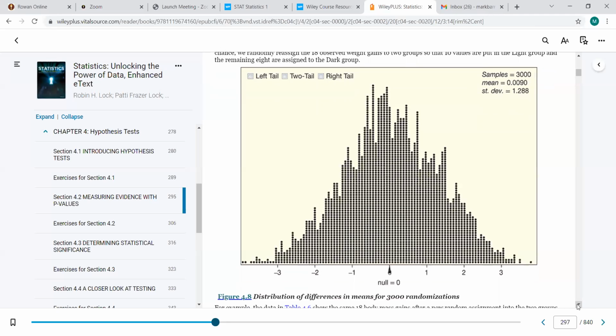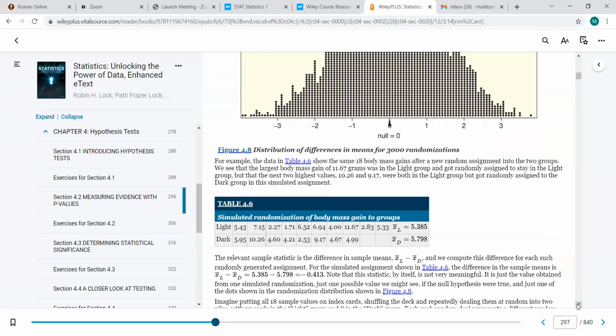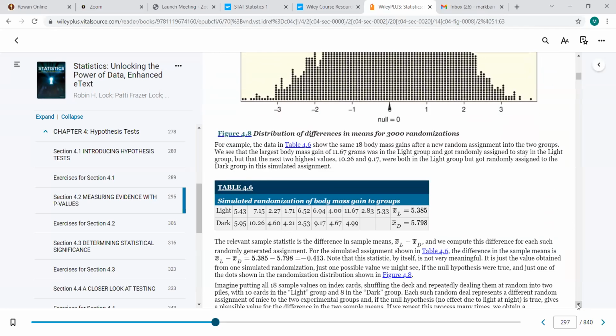So let's scroll down here, and by the way, this other table that they have here is a case where they did a randomization sample. And in this case, they're showing that in this particular sample, which is one of these 3,000 dots, the dark group's average is bigger than the light group's average. And so the difference would be a negative number. All right. They showed it right down here.